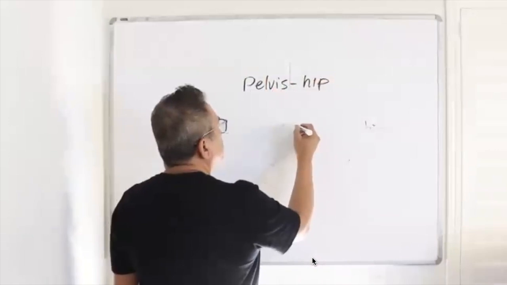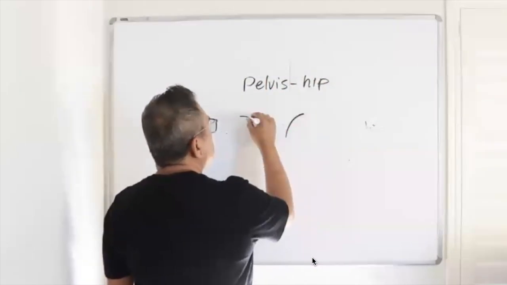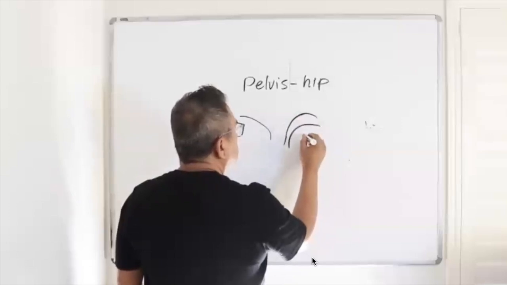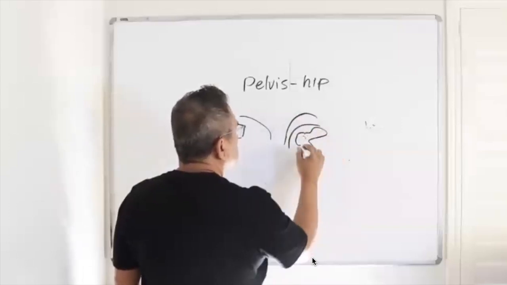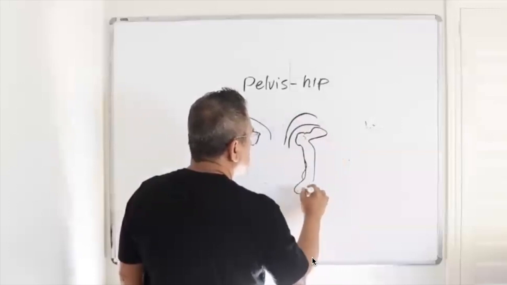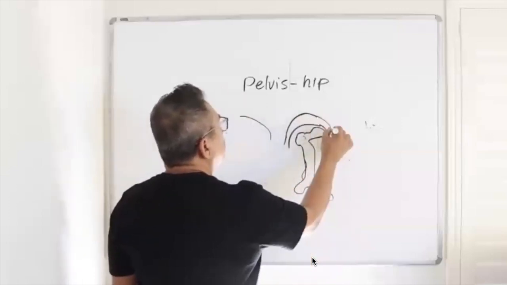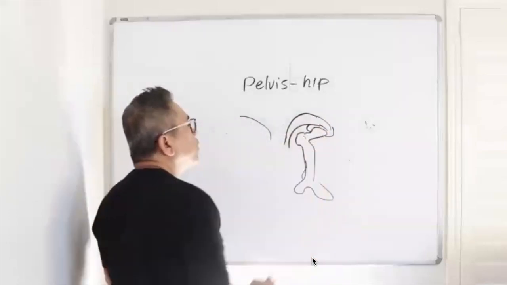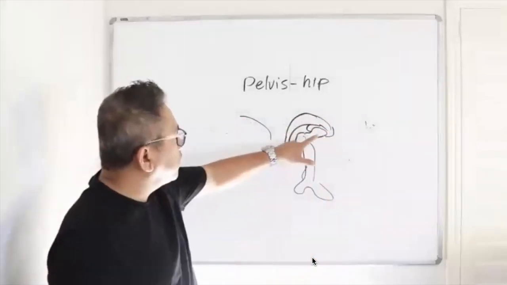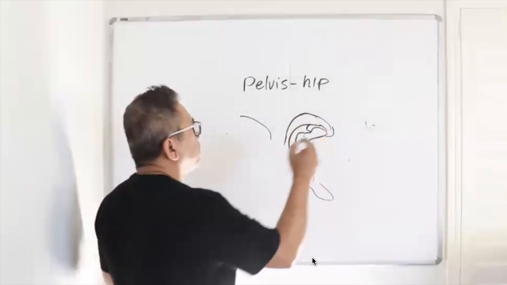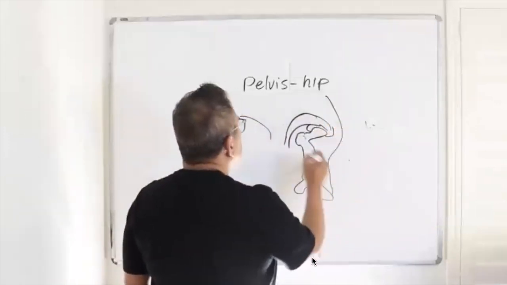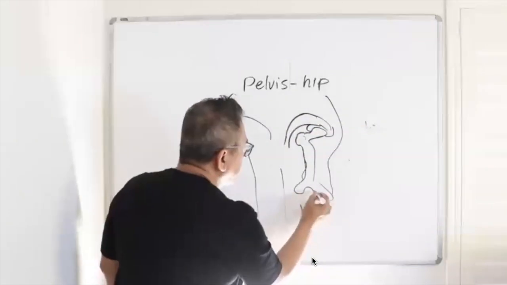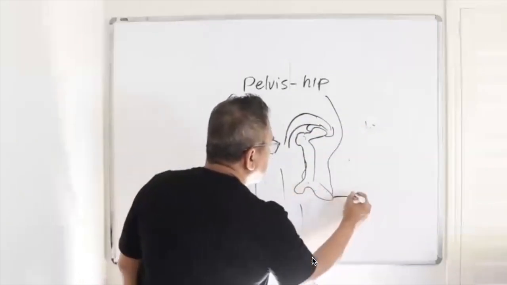So let me see if I can draw a little bit. I'm bad at drawing, guys. What I'm trying to say is that this bone here is connected to that. This is the hip. This is the knee part, your knee.